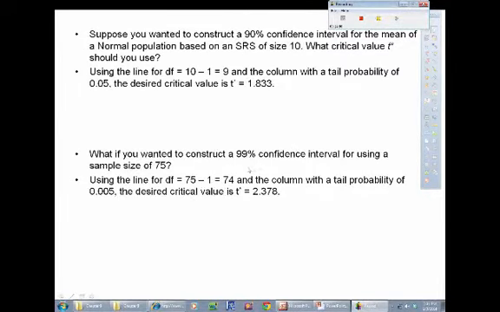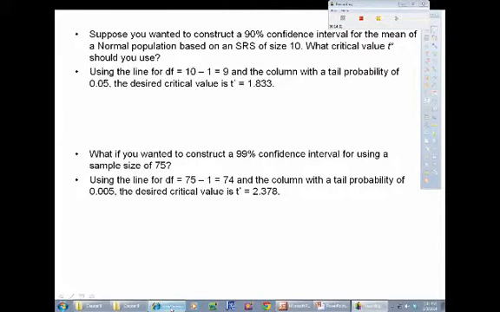If you wanted to construct a 99% confidence interval using a sample size of 75, using the line for degrees of freedom, 75 minus 1, since that's our sample size, equals 74, and the column for the tail probability of 0.005, the desired t-score is 2.378.